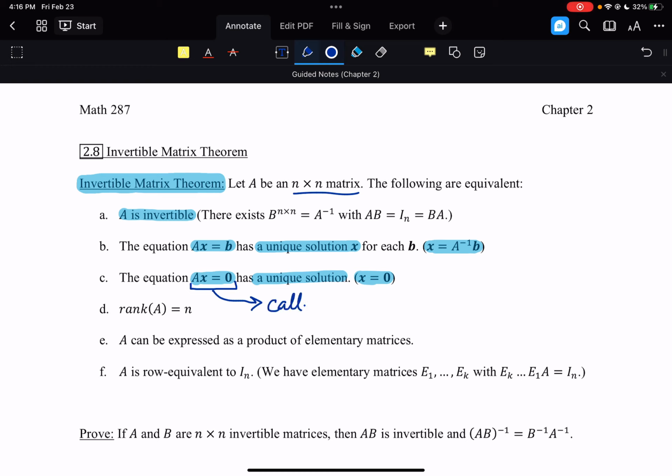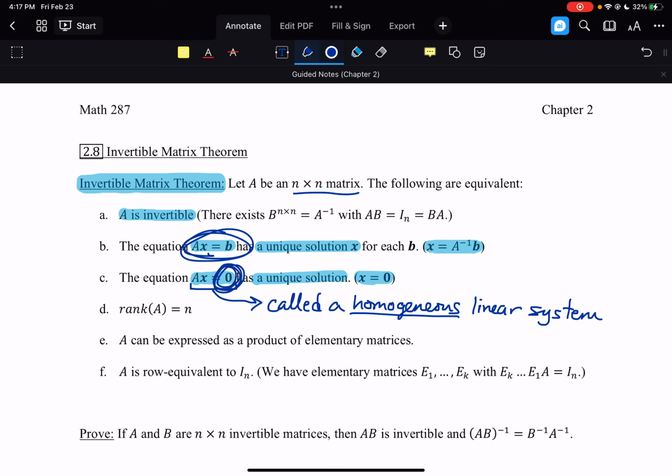This one is called a homogeneous linear system. A homogeneous linear system is a linear system, just like this general one, that is specifically equal to the 0 vector. Again, we'll talk more about these in the upcoming chapters.